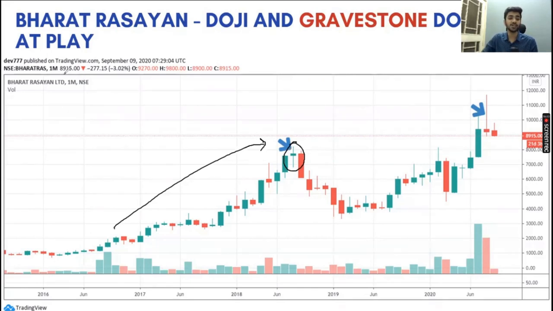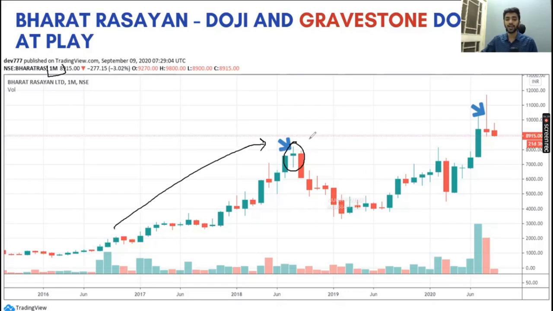So understand, this is again on monthly, and why I'm showing you monthly, because monthly is the most powerful. The wider your time frame, the more powerful everything is, because these are larger trends. You can't simply ignore them. So if you see some kind of gravestone doji formation on monthly, you need to be extremely cautious.